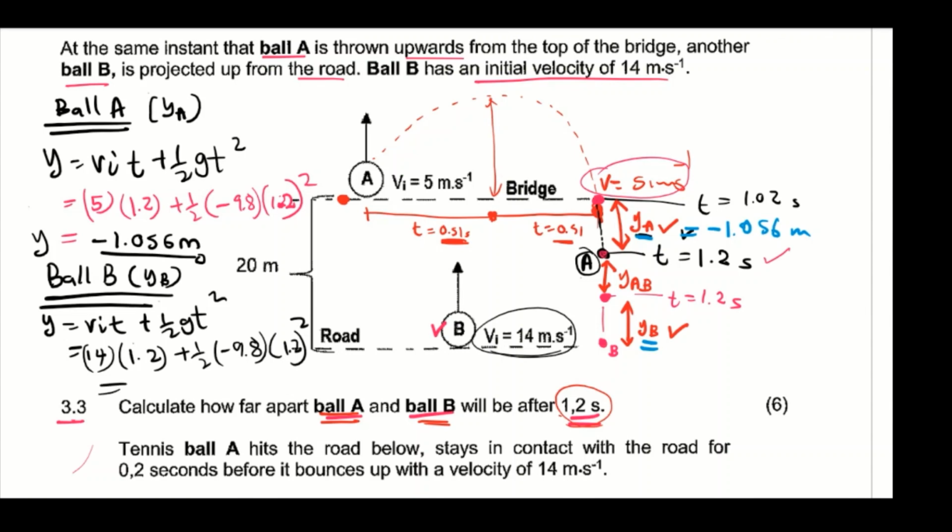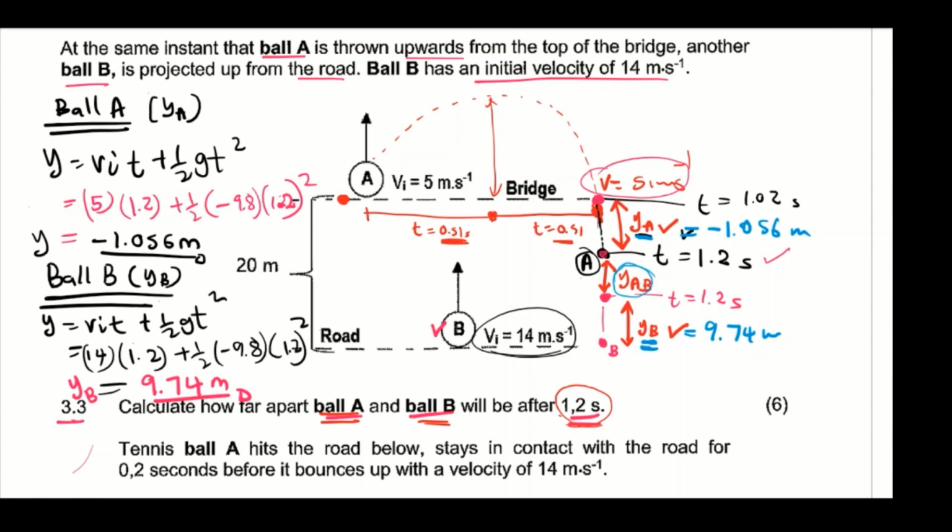So the y that you are supposed to get for this y of B is equal to 9.74 meters. So it means it will reach 9.74 meters. We're just going to write it next to it.